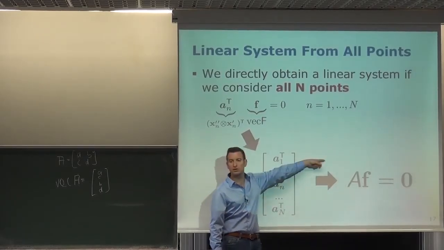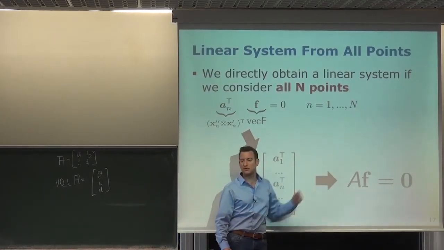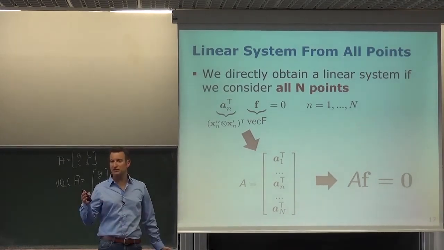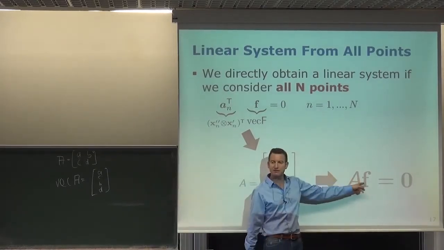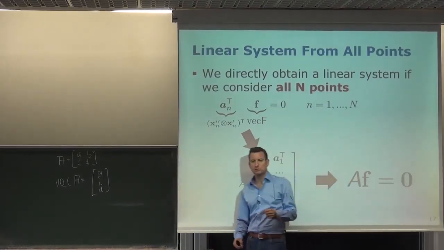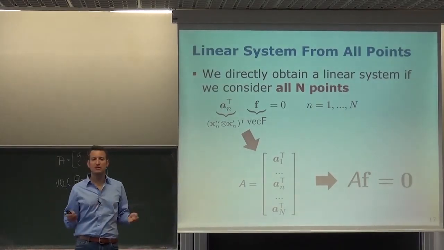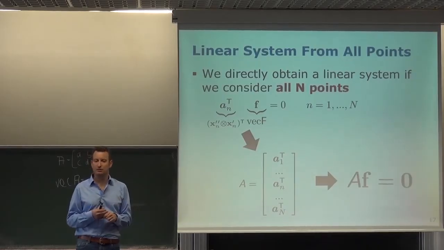The first row corresponds to the first pair of corresponding points, the second row corresponds to the second pair. And I now build up a matrix, and if I multiply this matrix with my vector f, this should be 0. So it's just a concatenation of the coplanarity constraint for all points.